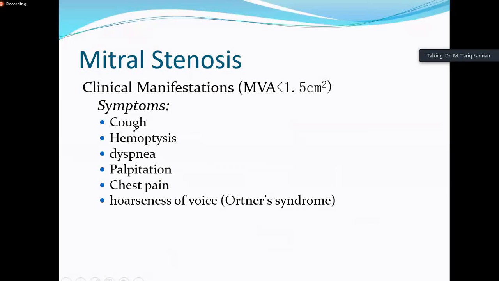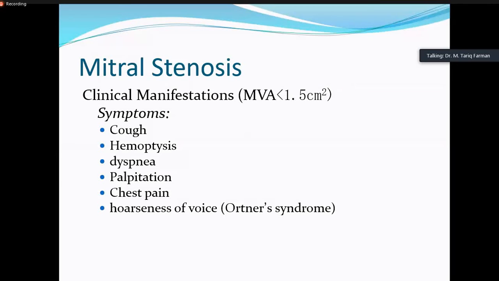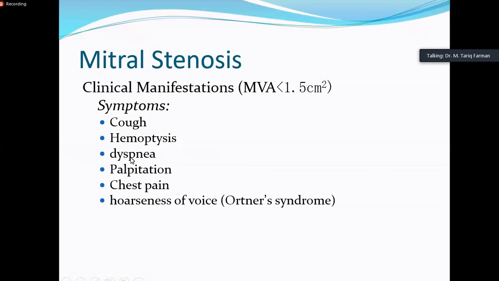So, as I have mentioned, the pathophysiology of the MS: when there is left atrial pooling of the blood, and the blood goes back into the pulmonary veins, and there is a leakage of blood volume into the alveoli, then the patient starts coughing and hemoptysis, and he becomes breathless because of raised catecholamine activity.